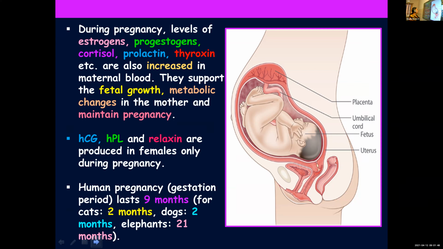And only during pregnancy, hormones like human chorionic gonadotropin, human placental lactogen, and relaxin will be produced. The gestation period will be different for different animals. In human beings, it is approximately 9 months, whereas for an elephant, it is 21 months, and cats and dogs just 2 months.